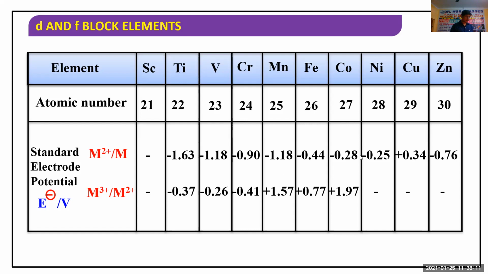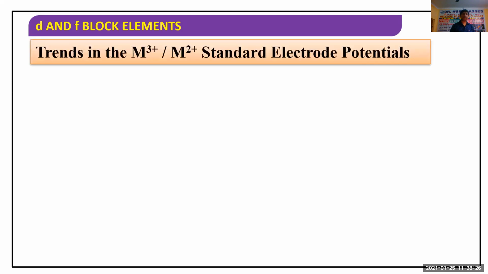So this is the fact, and here the standard reduction potential is also positive. For this reason, copper is unable to displace hydrogen from any hydrochloric acid.